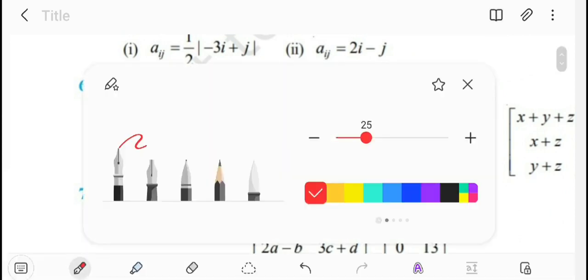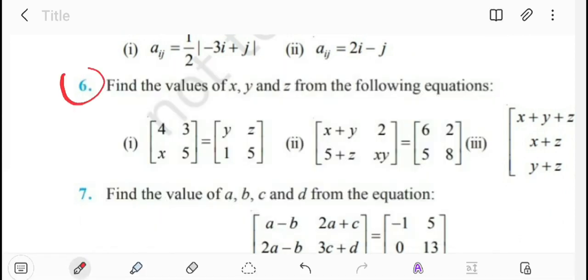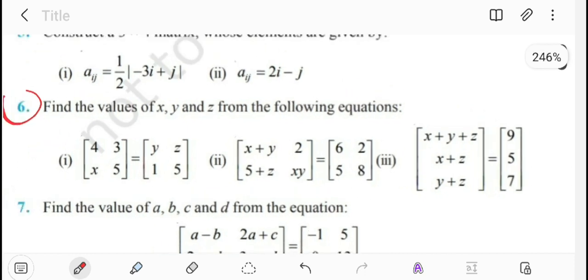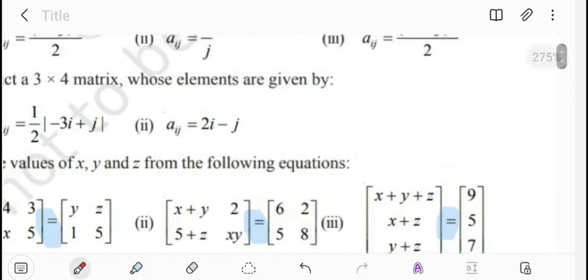As I told you in the last lecture also, in question number 6, we are given that the matrices are equal. So what conditions do we know about equality of matrices? There are two conditions. The first condition says that two matrices are equal if they have the same order.